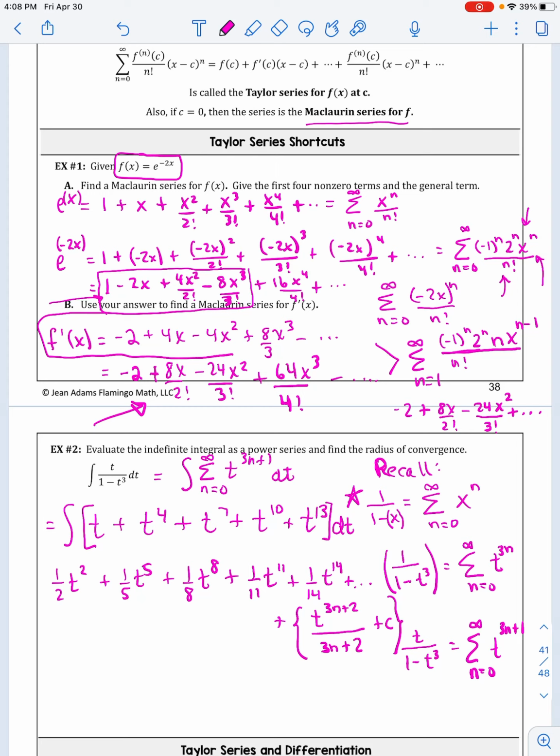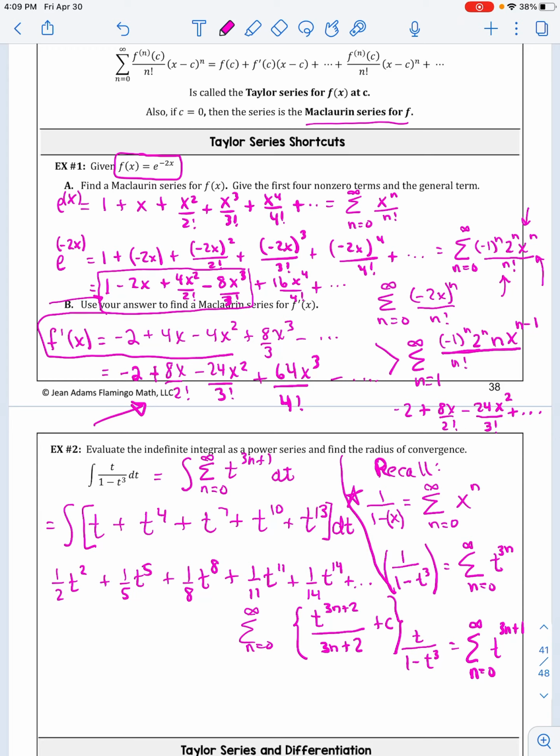So let's see. If your n is 1, that's going to be t to the 3 times 1 plus 2. I think we're going to start with n equals 0, summation n equals 0 to infinity. If n were 0, it'd be t squared over 2. If it were 1, it's going to be t to the 5th over 5. If n were 2, it's going to be t to the 8th divided by 8.